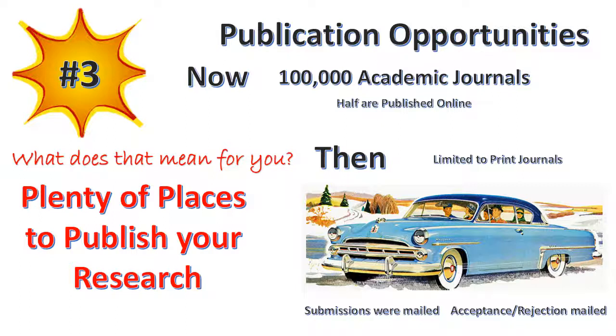What I think was noteworthy wasn't the number of journals, but was the fact that nearly half of them are published online, and of the half that are published online, half of those are solely published online. In other words, they no longer have a print edition of their journal. It is completely done online.